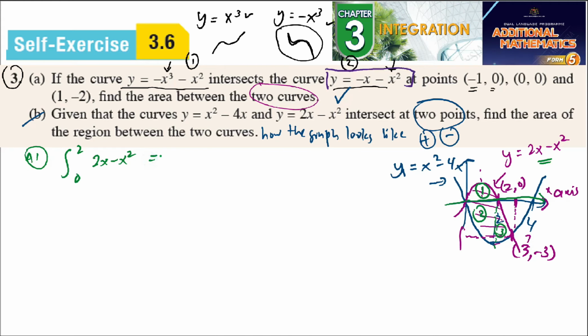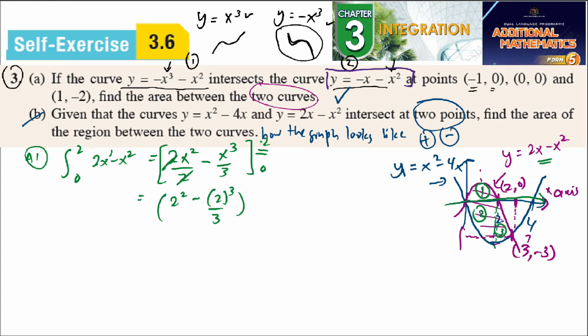So when we integrate, 2x, 2 we just write the constant, x is x power of 1, it will become x power of 2 divided by 2, so minus this one will become x cubed over 3. We close back, this one is 0, 2. So here you have x squared minus x cubed over 3. First we substitute with 2, so 2 squared minus 2 cubed over 3.